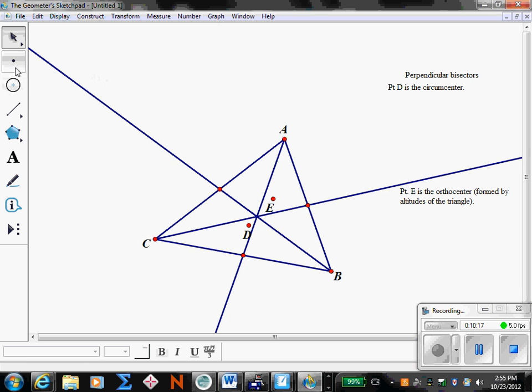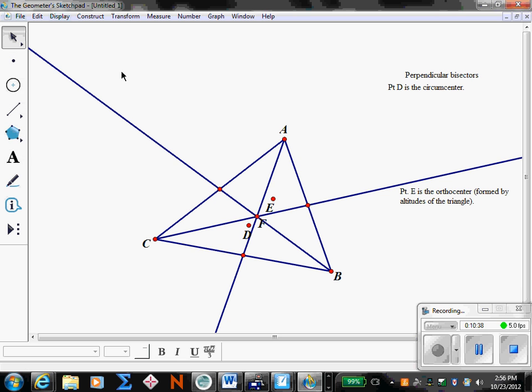Again, they are concurrent points. This point is called the centroid. Let's give it a name. The computer's going to call it F. That's just fine with me.